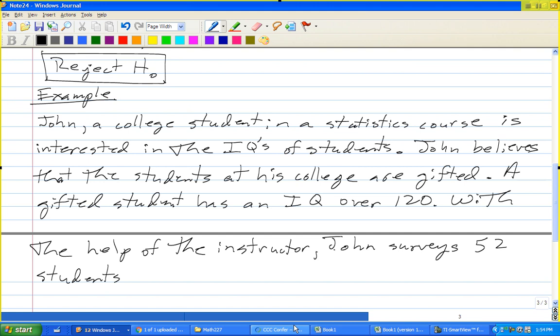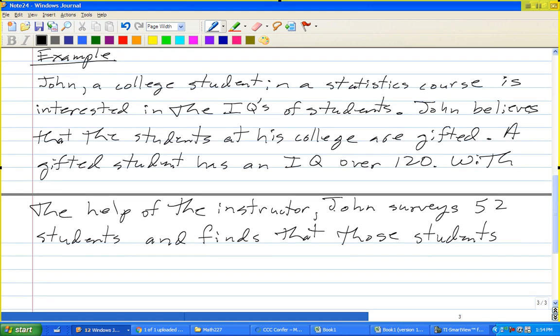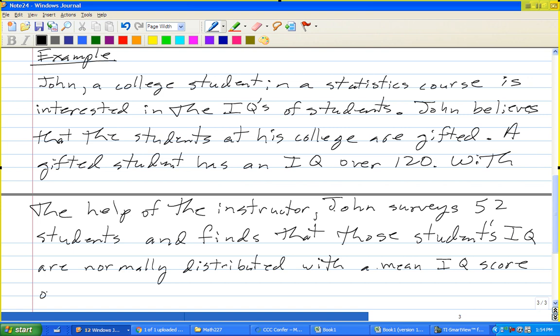Okay, so let's see. John surveys 52 students and finds that those students' IQs are normally distributed with a mean IQ score of 113 and a standard deviation of 10.